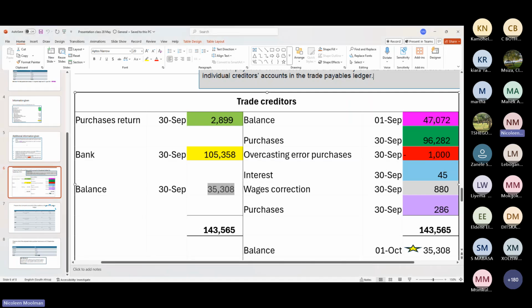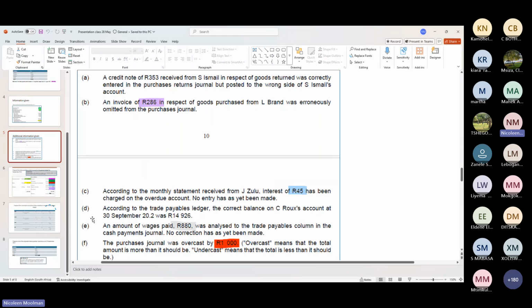Oh, the wages transaction. Okay, let me do the wages again. In the additional information given, they said an amount of wages paid, 880. So that means wages was paid. We did pay the employees, but when we did the payment and the cash payments journal, accidentally that 880 rand was included in the cash payments journal.